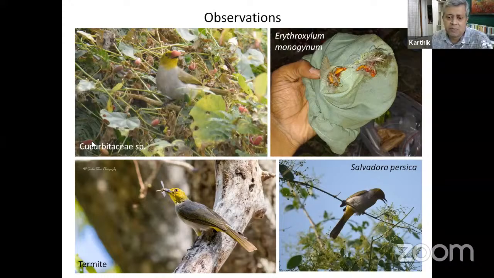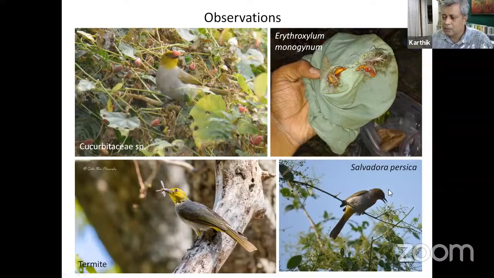Here you can find the yellow-throated bulbul feeding on a cucurbitaceae fruit of a climber. When it is caught, it usually defecates, and you can see the seeds of various fruits here.